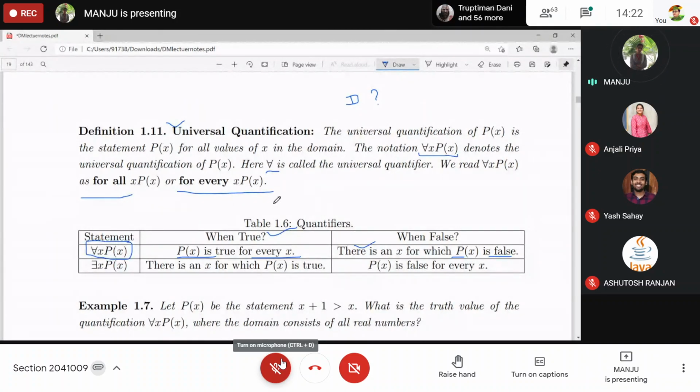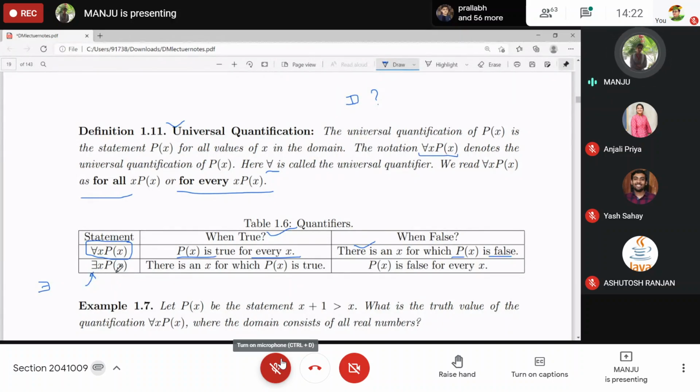Another quantification is existential quantification, denoted by there exists x P(x). Here "there exists" is the existential quantifier. Now when will this be true?